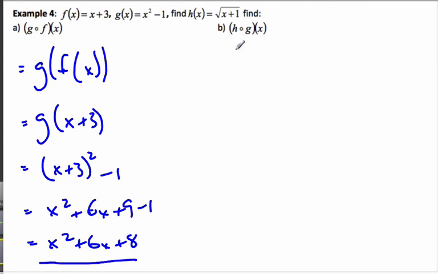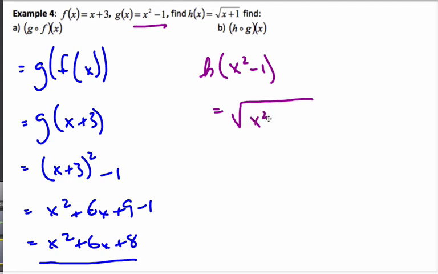All right, now let's look at h of g of x. So h of g is x squared minus 1, which is this value is going to go in for x in my h. So that's going to be the square root of x squared minus 1.